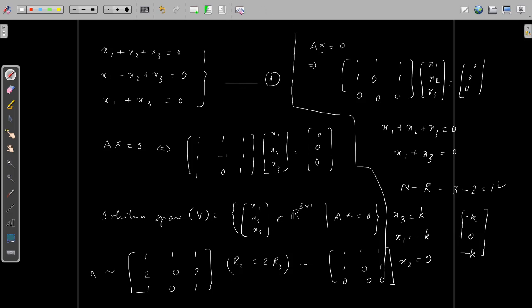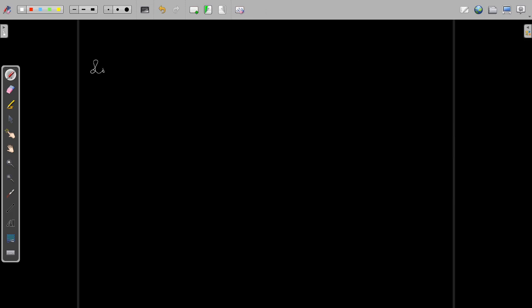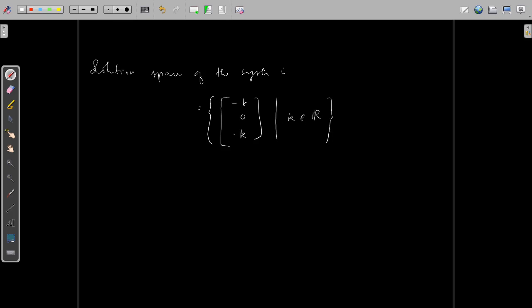So next we write the solution space. The solution space of the system is the set of vectors of the form (minus k, 0, k) such that k is an arbitrary constant from R. So this is our solution space. Now you define B as the set containing the vector (minus 1, 0, 1).